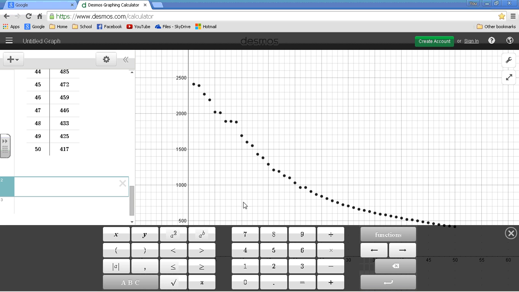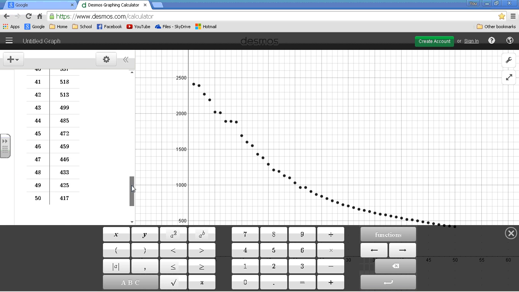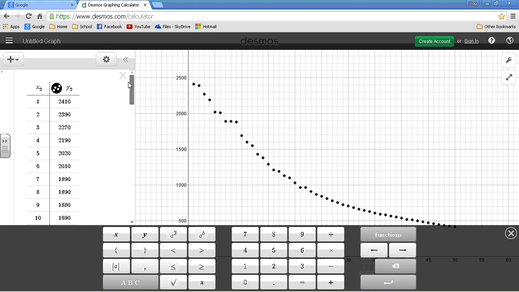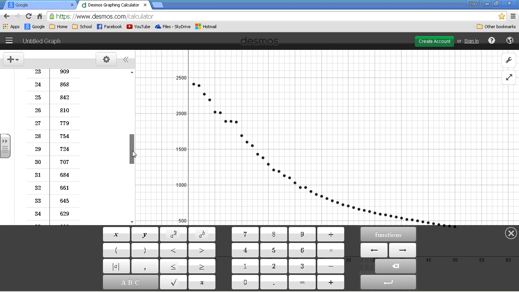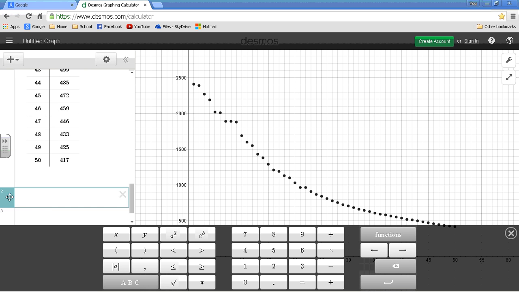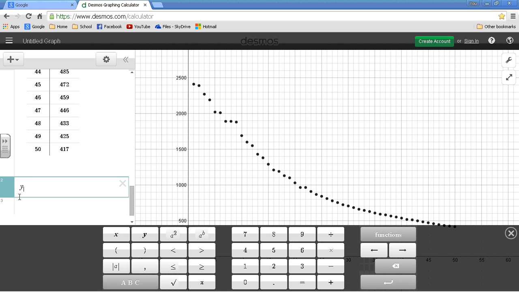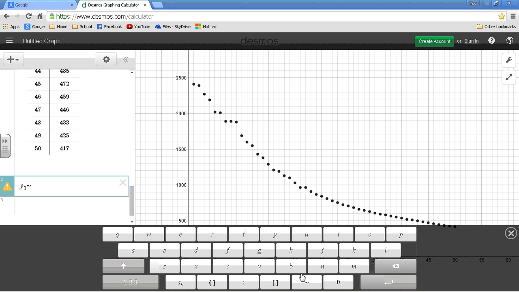So I think when I pasted it, it made it x2 and y2. You see that, x2 and y2. And so if I wanted an exponential graph, I'd put in an exponential equation. I went y2, and then that little swoopy symbol, the tilde, and then I'm going to put in an exponential graph.